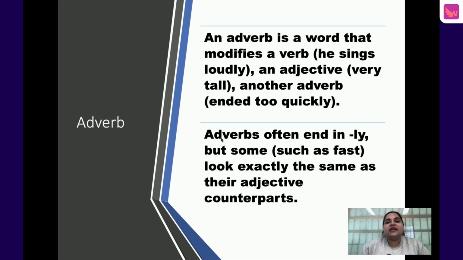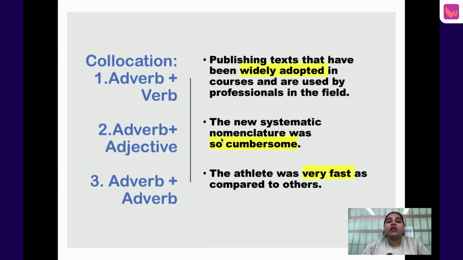Now, what is an adverb? It is a word that modifies a verb, an adjective, or another adverb. Adverbs often end with ly, but some of them, like fast, look exactly the same as their adjective counterparts. So we are not here for the definitions of adverbs. We are actually here to look out for the collocation of adverb with a verb.